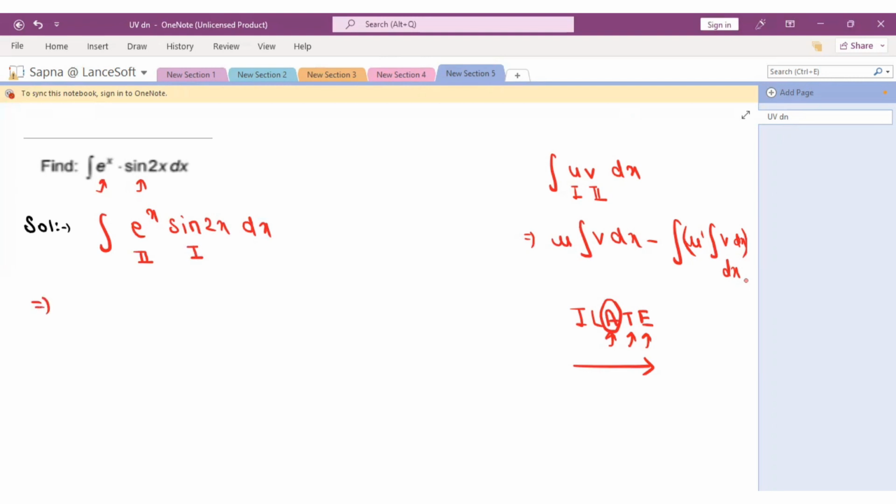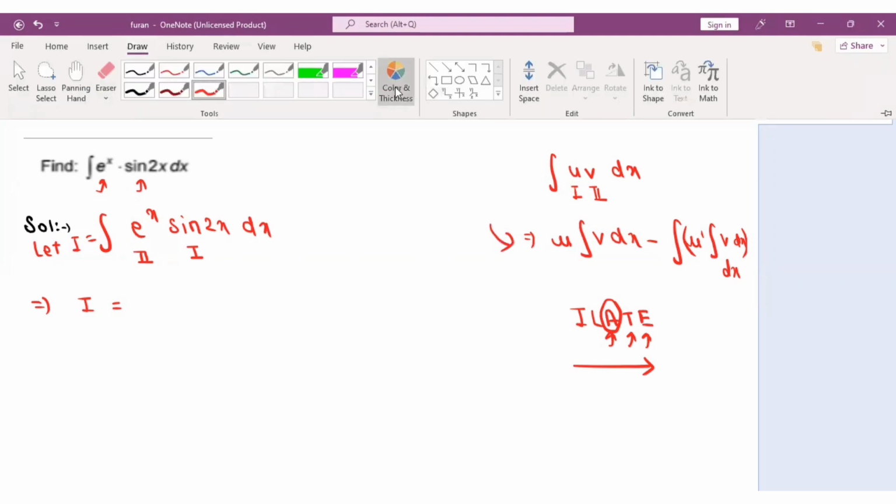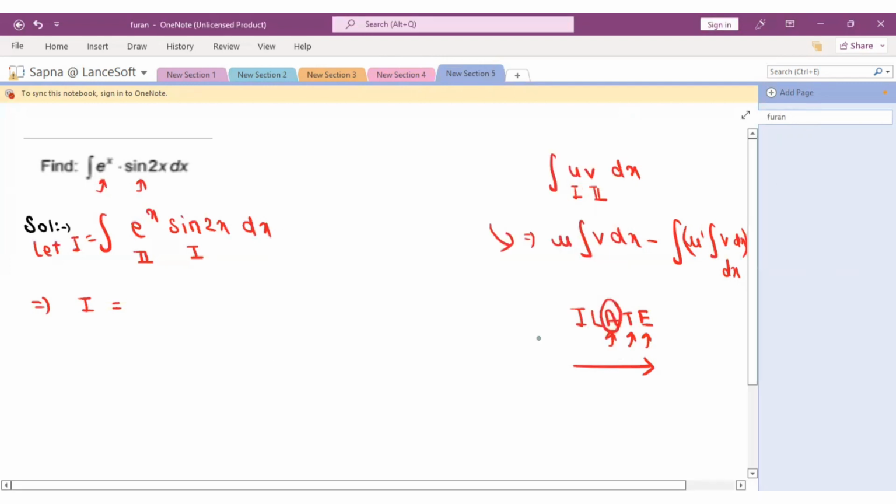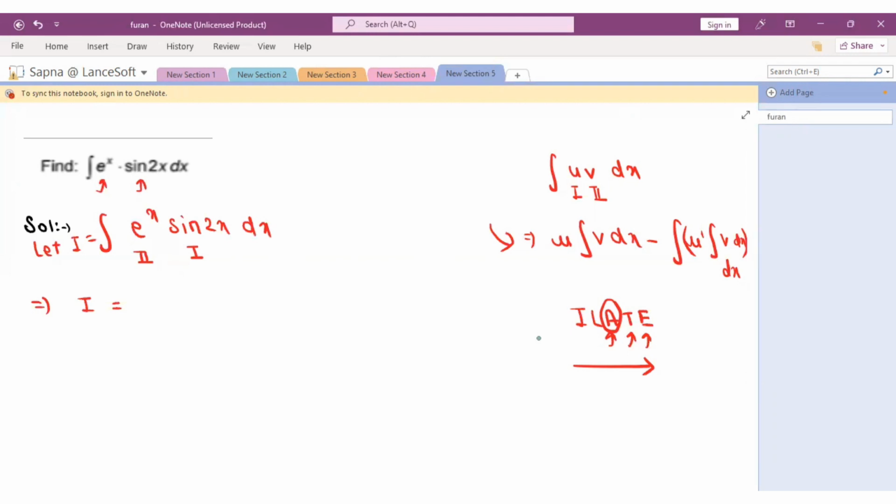Now we can use the formula, as you can see here. Let I be equal to this function, and now we need to find the value of I. Using this formula, we keep the first function as it is, so I is equal to sine 2x as it is, because we considered that function as the first function.